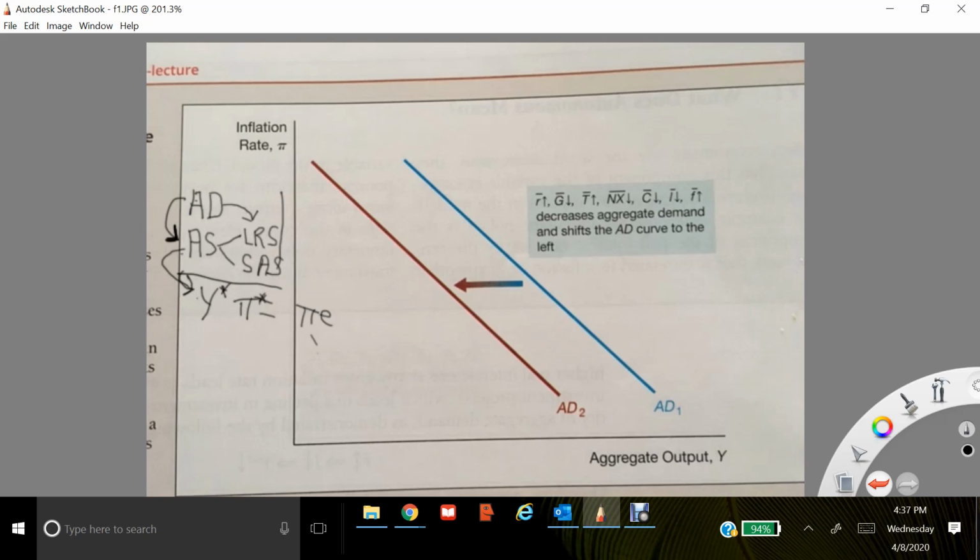Okay, that makes sense. If you put two curves on a graph, you can solve for two variables. And the two variables that the Federal Reserve is interested in is output, equilibrium output, and inflation.